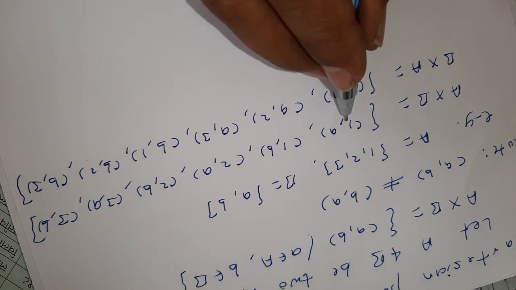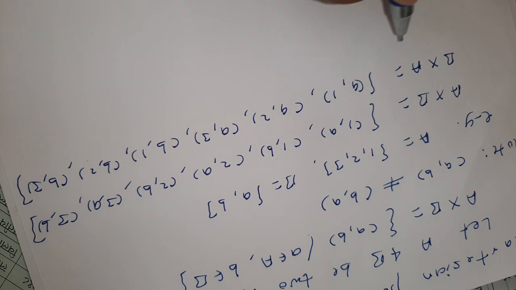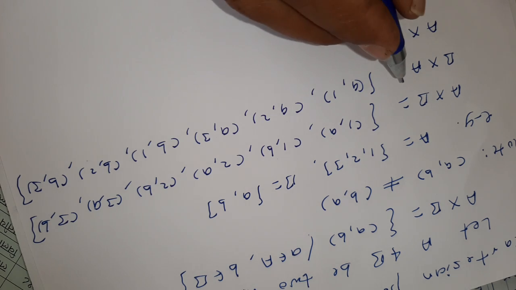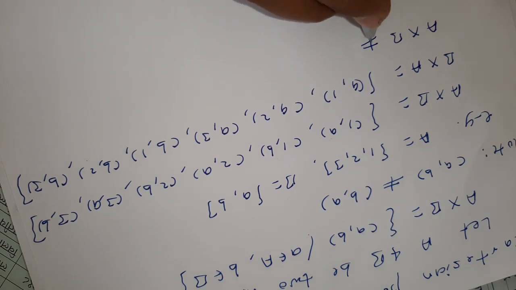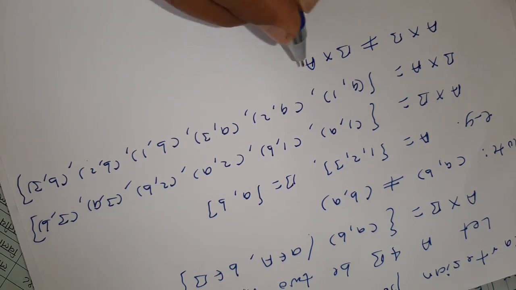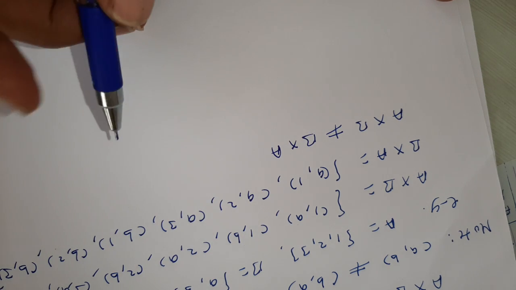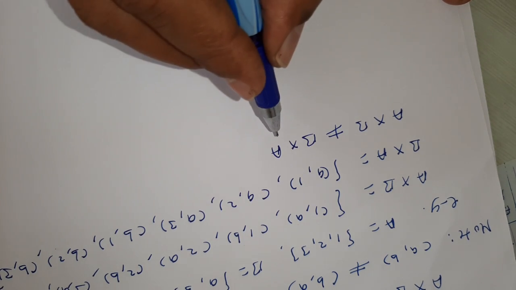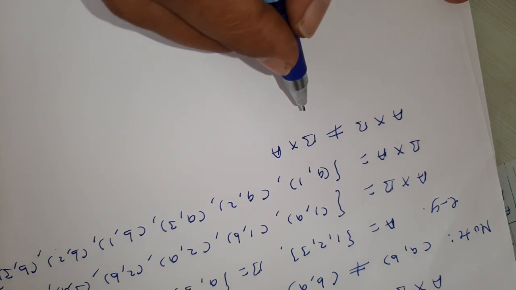So (1, a) and (a, 1), these two are not the same. So A cross B is not a subset of B cross A, and B cross A is also not a subset of A cross B, and so A cross B and B cross A are not equal. That is, the Cartesian product of two sets is not commutative.